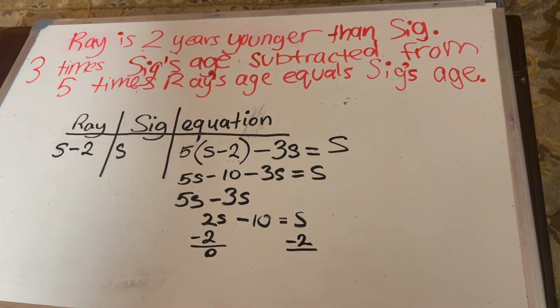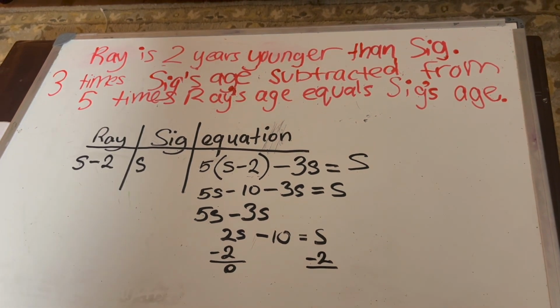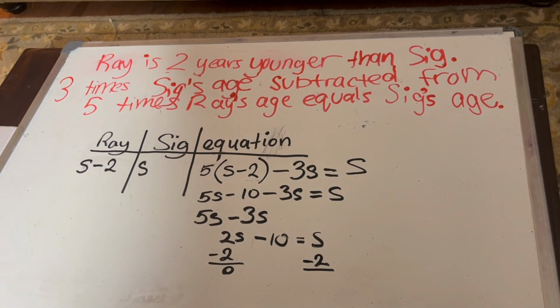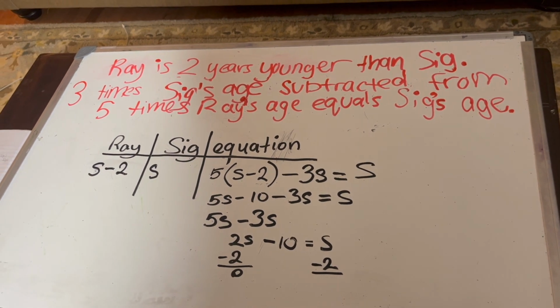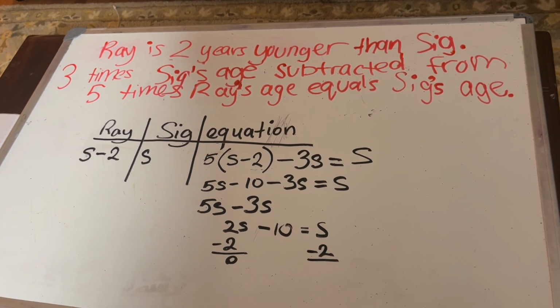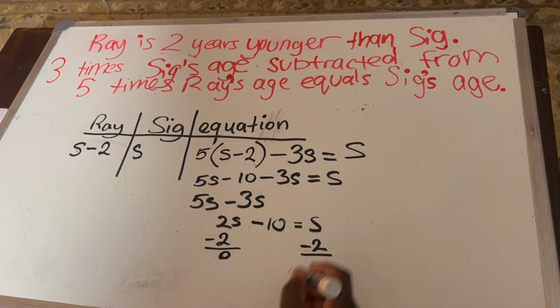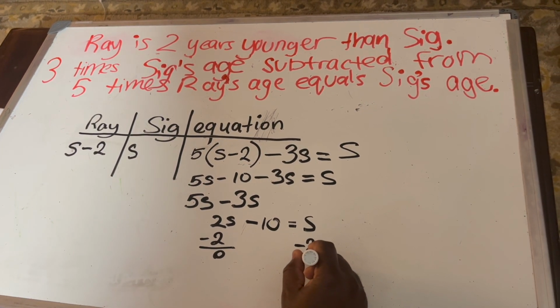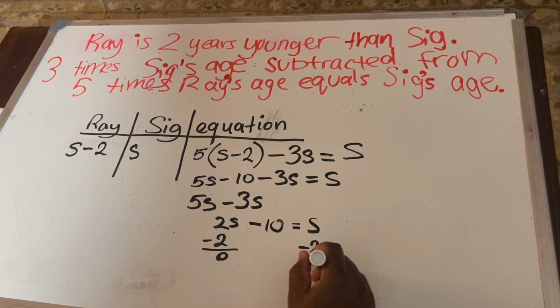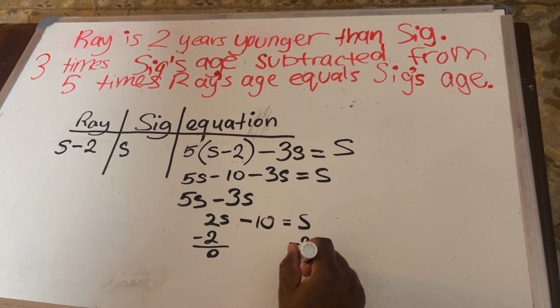And we know that there is an imaginary 1 right next to that s, which gives us, what is 1 minus 2? Negative 1, which is negative s.